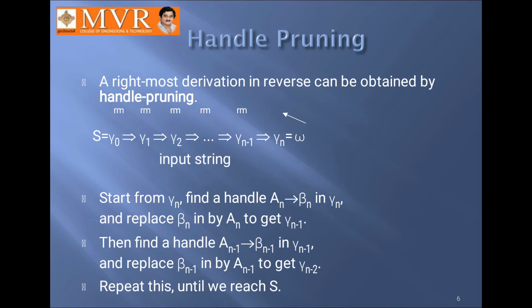Then find the handle A n minus 1 goes to beta n minus 1, and continue until we reach the starting symbol S. That's why, until we reach S, we have to repeat all the steps.